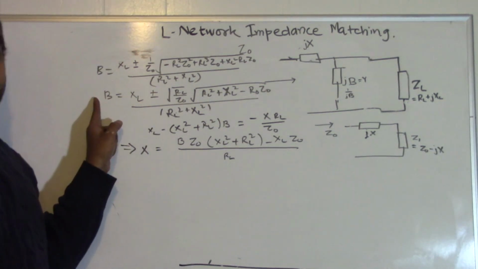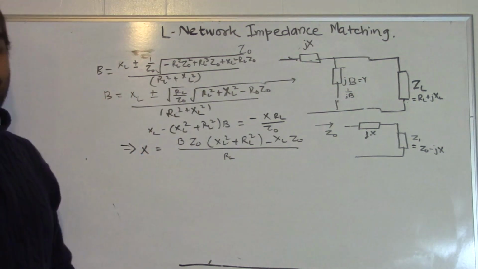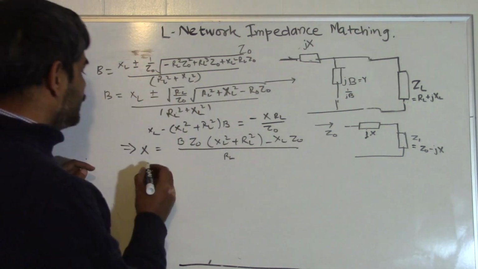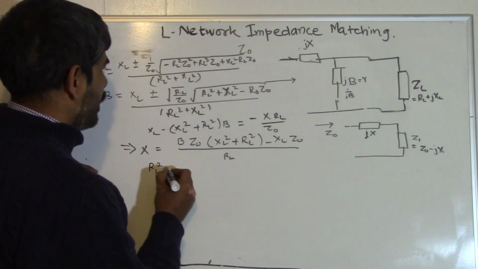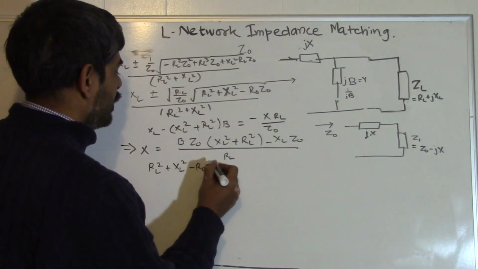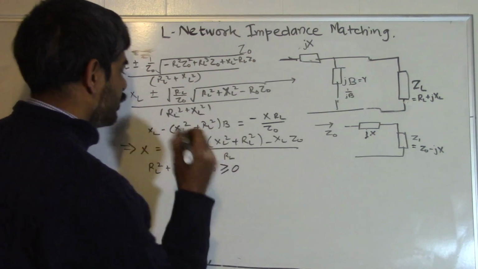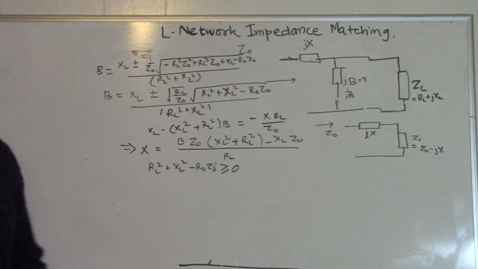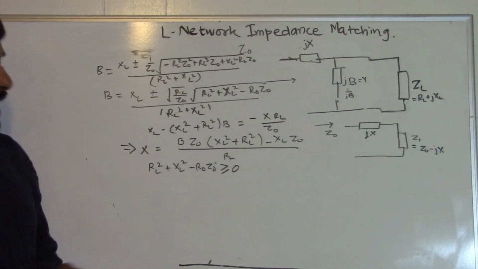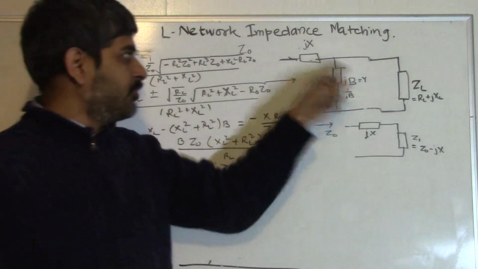And to be real, this whole thing under the square root cannot be negative, which means the condition is RL square plus XL square minus R naught Z naught must be greater than or equal to 0. This must be a non-negative number. If this condition is met, then we can design and find the value of B here.